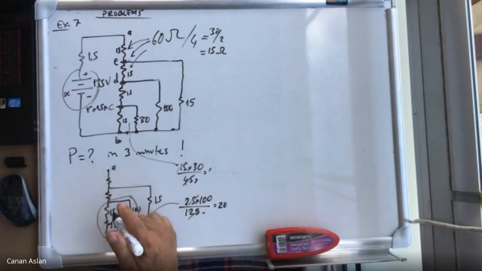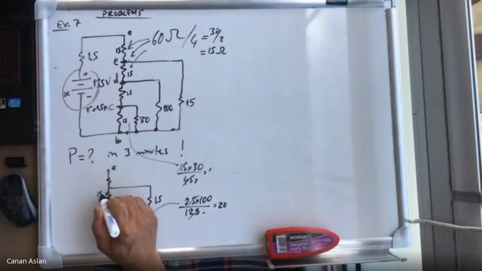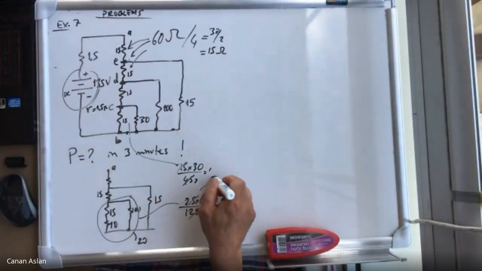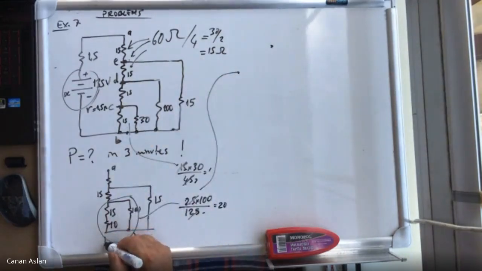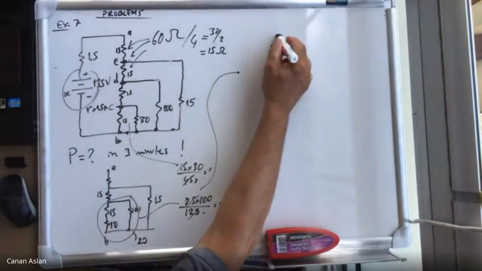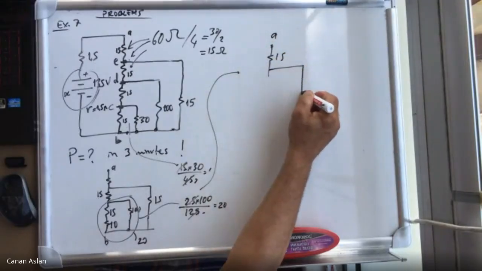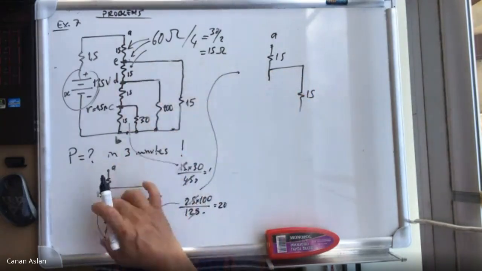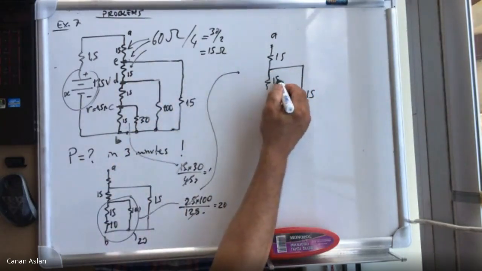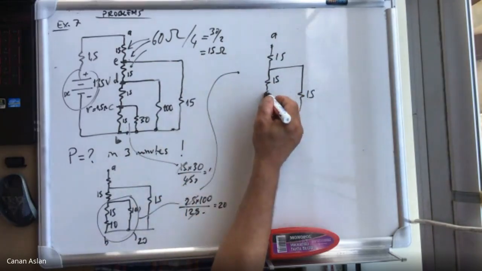Now the whole thing is 20 ohms, this one, but it is connected to 15. Don't forget this 15 there. So from this, we can get now, don't forget this point A and B there. This is point A, and we still have 15, and then 15 there. Okay. Now we have 15, and this combination gave us 20.